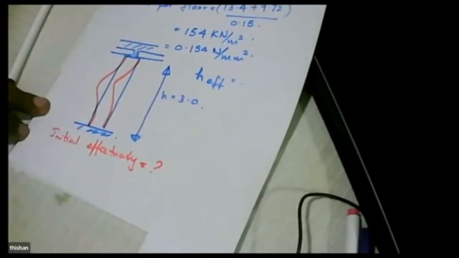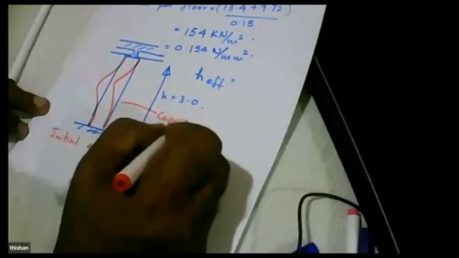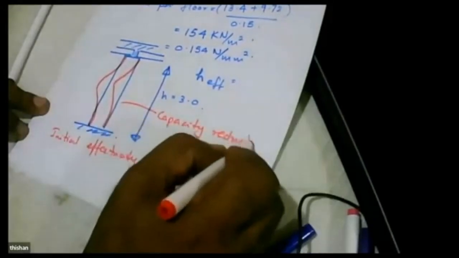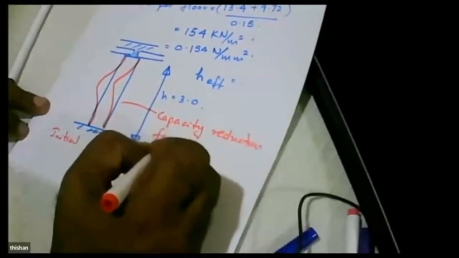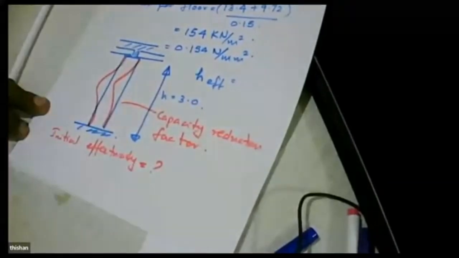That also has to be taken into account. That means we have to see what is the capacity reduction factor to be considered to allow for buckling. That means we are going to have a slightly lesser capacity.